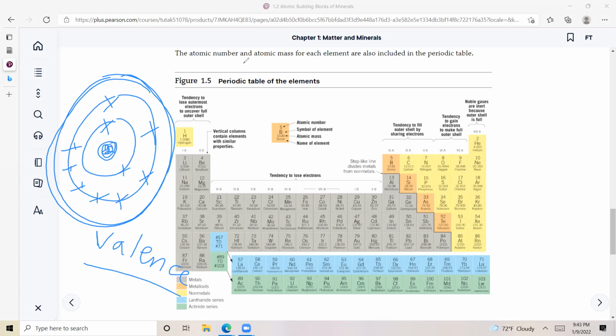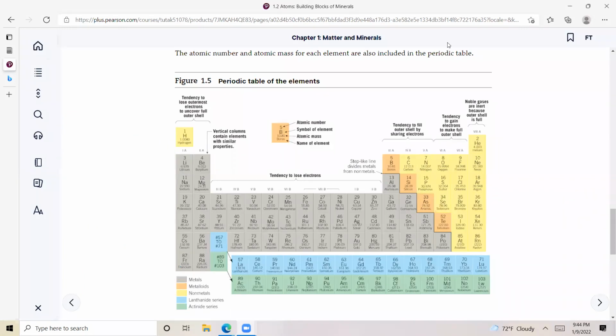Because elements with similar numbers of valence electrons tend to behave in similar ways. If you watch the periodic table displayed here, it also reflects in the graphical arrangement of the periodic table.